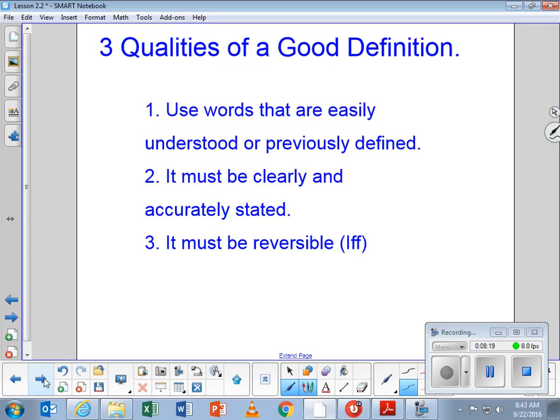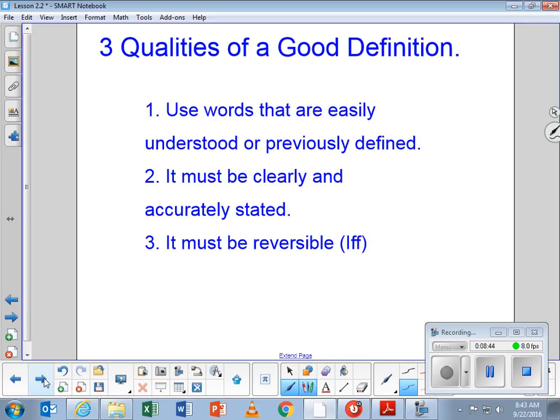These are the 3 qualities of a good definition. I'm going to go ahead and read them to make sure you can read my handwriting here. I love this program. I hand wrote this, and this morning just before class in about 10 minutes I went through and highlighted stuff and asked it to change it to text for you so you could read it better.